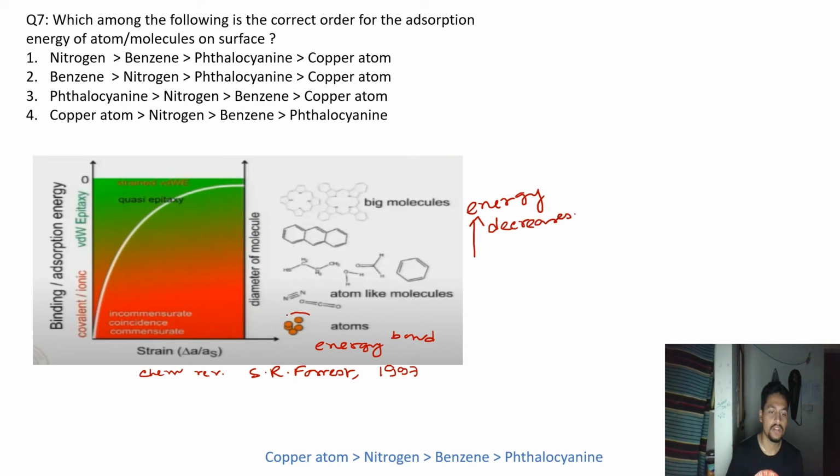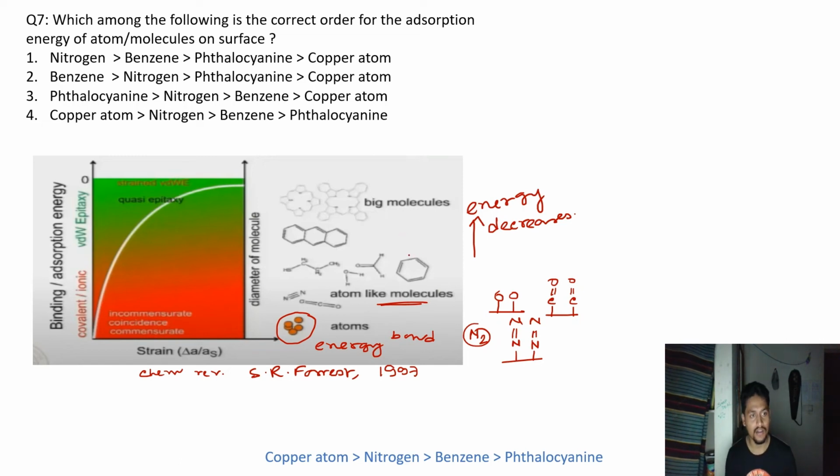Let's say it's a small molecule like carbon dioxide, or let's say this is an N2 molecule. That can also behave like an atom-like thing. So the energy for small, atom-like molecules will be much higher than for the big molecules. So depending on the molecular size, if it is higher, the energy is going to be lesser.